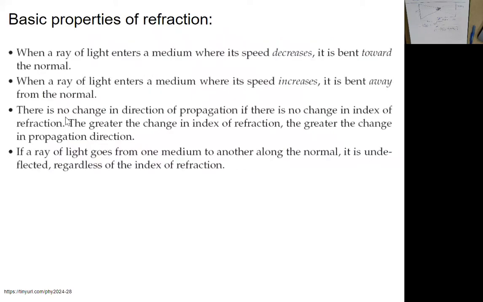The third one says there's no change in direction of propagation if there's no change of index of refraction. If the two media happen to have the same index of refraction, then the light will not be bent. The direction of its propagation will stay the same.